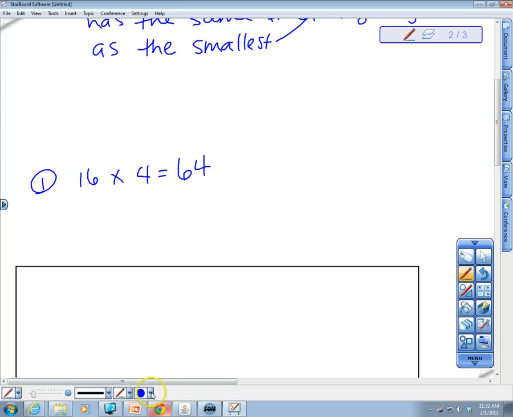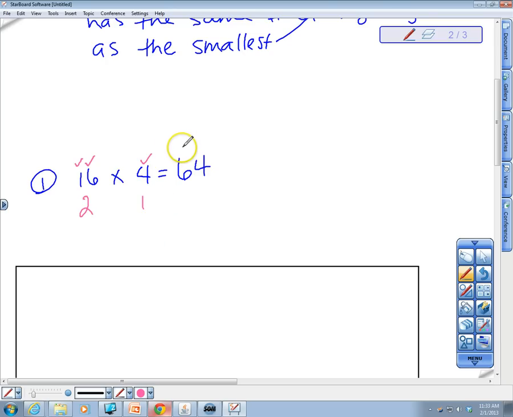However, in science class, we want to make sure that our answer has the right number of significant digits. So let's count how many each one has. 16 has 2 non-zero numbers, so it's got 2 significant digits. 4 has only 1 digit and it's a non-zero, so it has 1 significant digit. That means I can only have 1 significant digit in my answer.